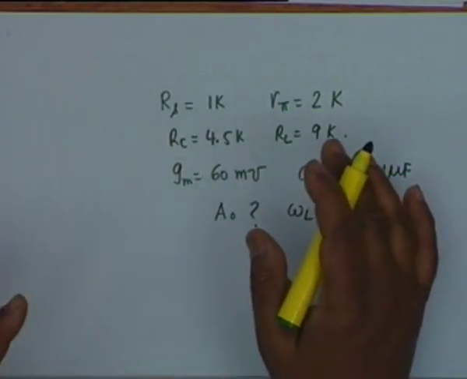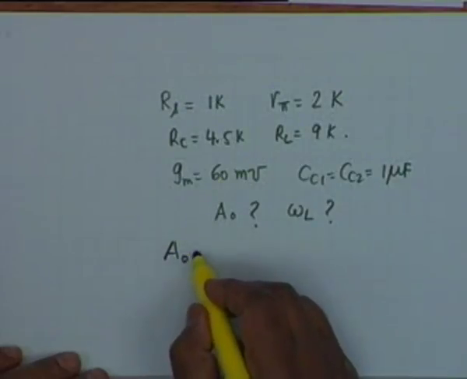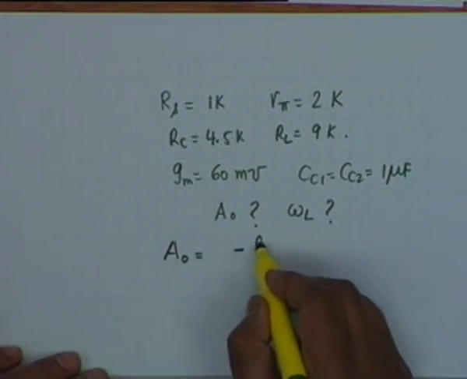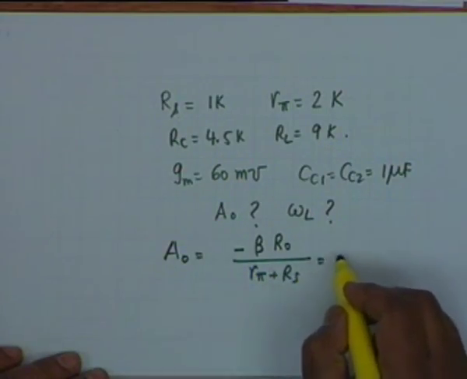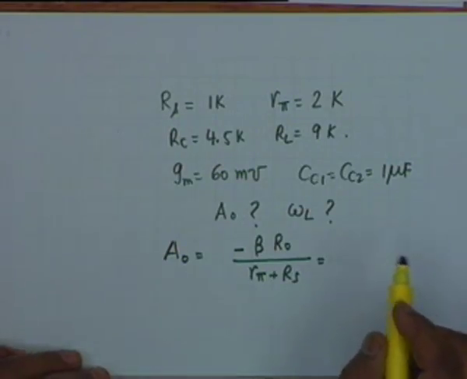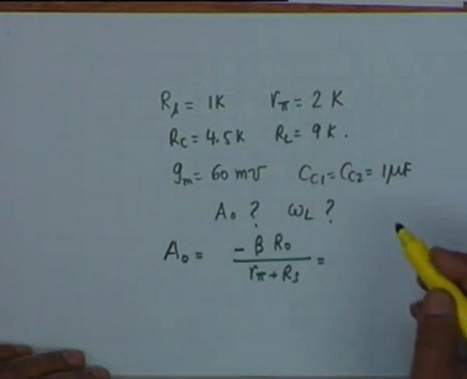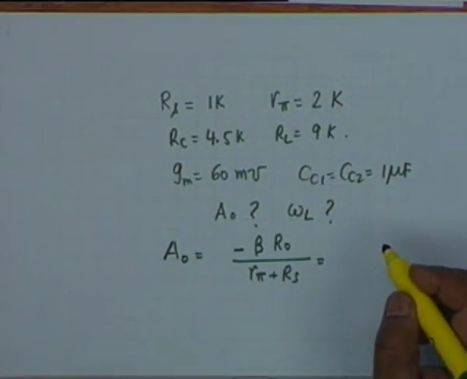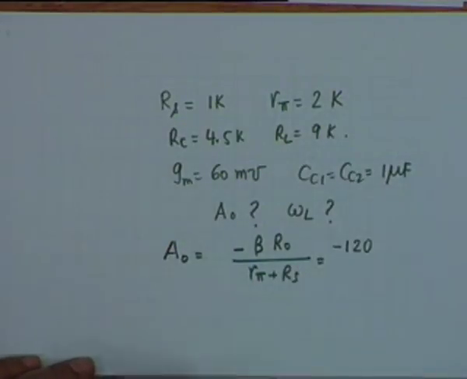Alright, this is not a design problem, this is an analysis problem. Now obviously what you can do is A0 is minus beta, if you remember, R0 divided by R pi plus Rs, and you simply substitute. Is beta given? No, beta is not given. R pi and GM are given, so beta must be 120. Is that right? 60 times 2 is 120.